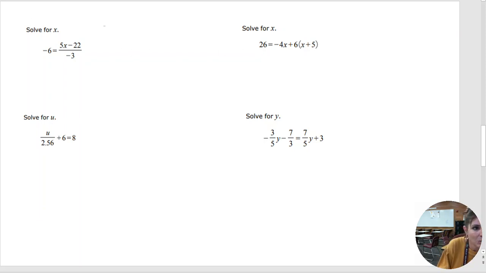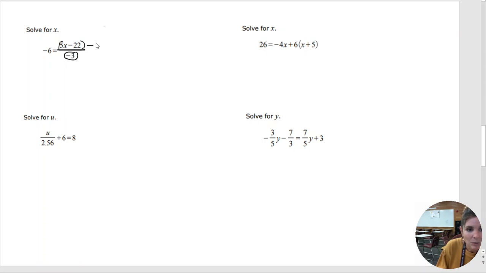Okay, so on the first one, you have solve for x, and it's negative 6 equals (5x minus 22) divided by negative 3. So I just wanted to remind you on these ones, these are the great divide questions. So before you can do anything with the 5 times x and the negative 22, you have to first get rid of this divided by negative 3.